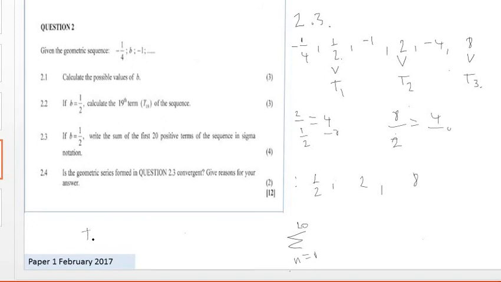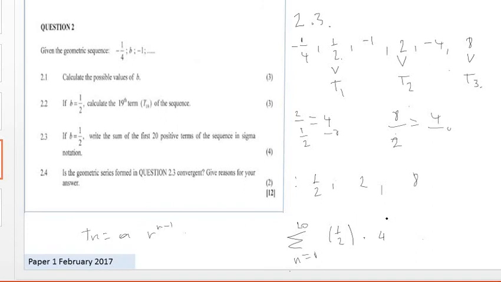Tn is given by a r to the power of n minus 1, where a represents the first term, which in that case is 1 over 2. The common ratio is 4, so we have 4, and on top we have the exponent, which is n minus 1.